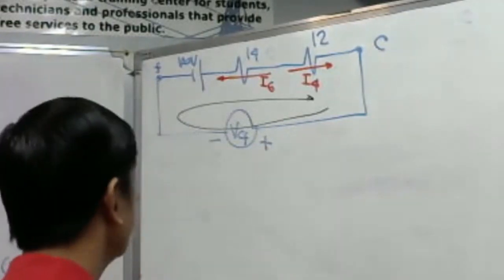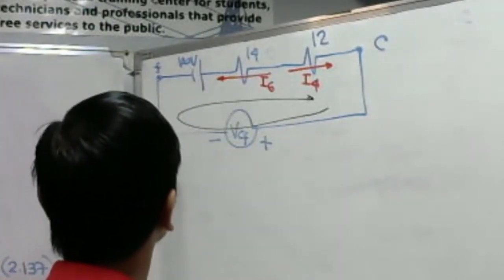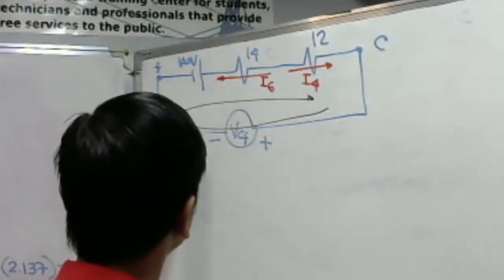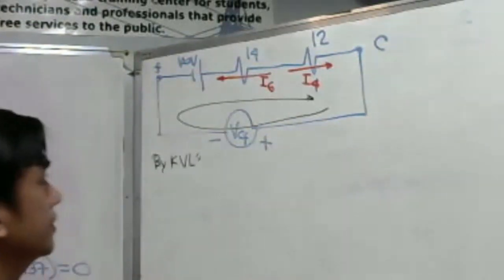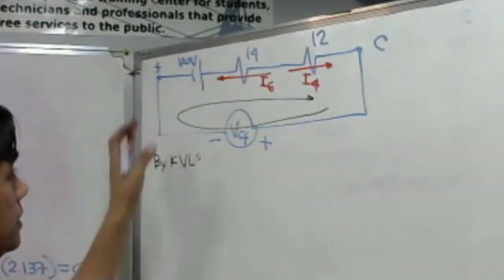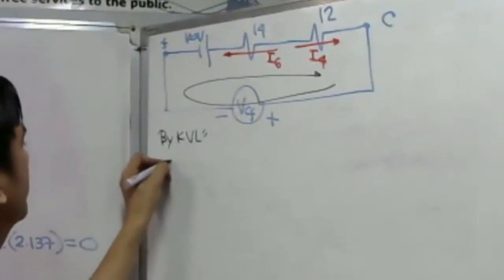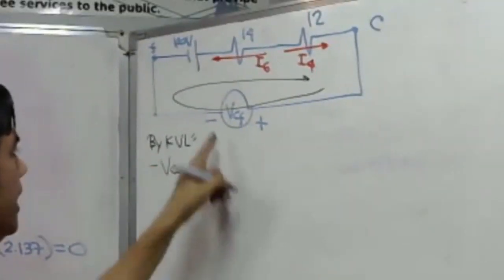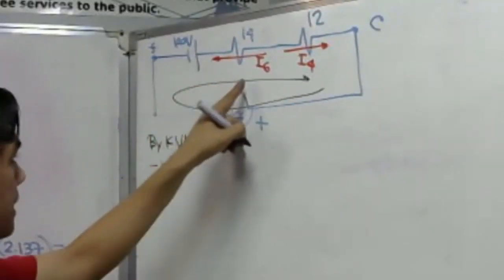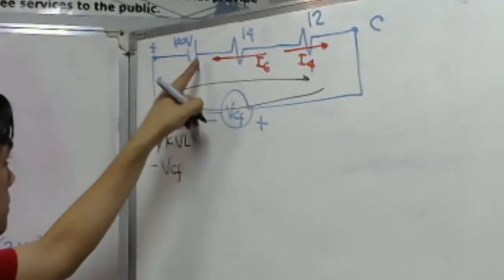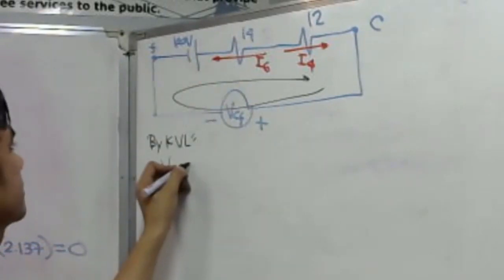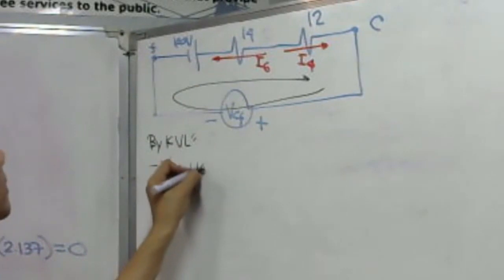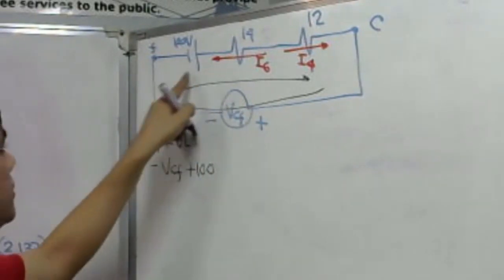This is by Kirchhoff's voltage law. What is the Kirchhoff's voltage law here? This is negative BCF, so this is plus 100 volts.